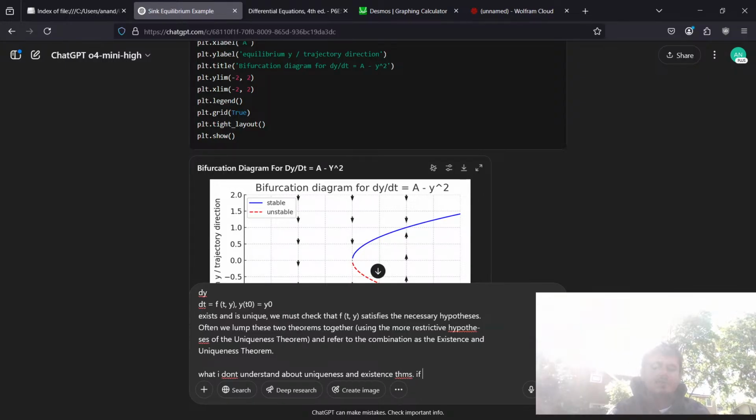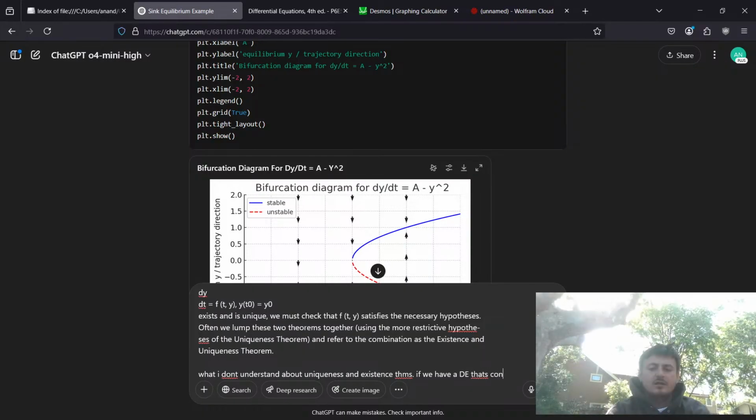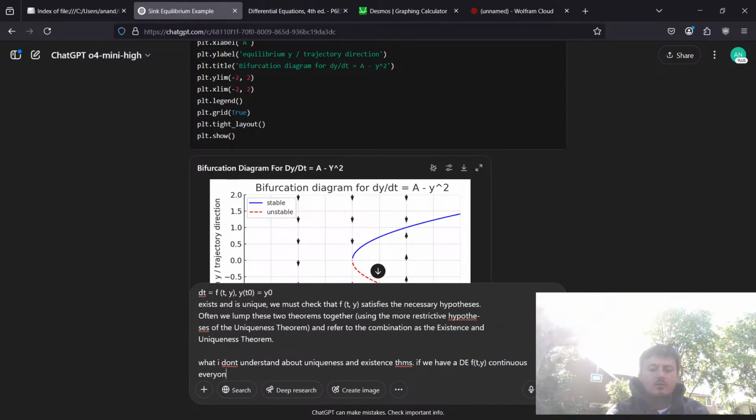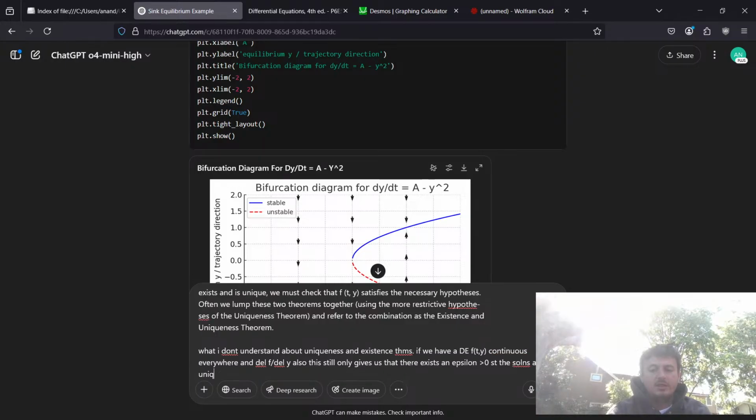If we have a DE that's dF/dt, dF/dy continuous everywhere, and del F del Y also, this still only gives us that there exists an epsilon greater than 0 such that the solutions are unique.